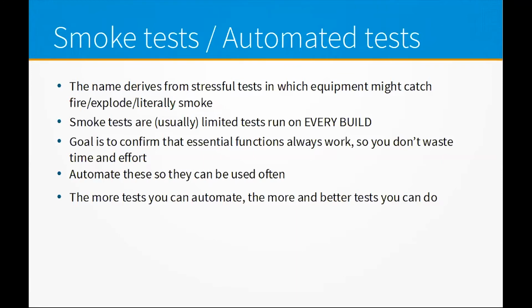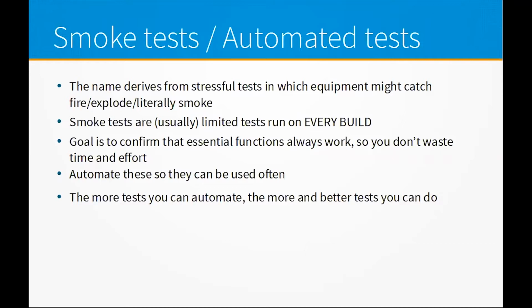Well, testing's expensive. So a quick automated test that verifies that the software is pretty much intact and ready to go can save you hours and hours and hours of effort. It only works well if they're automated, so you can use them very, very often.